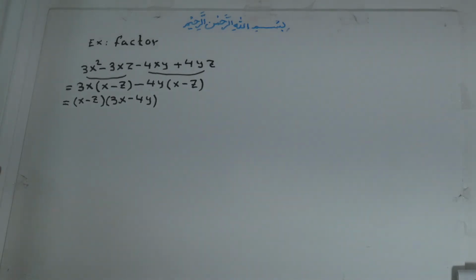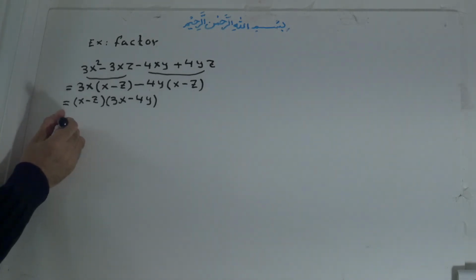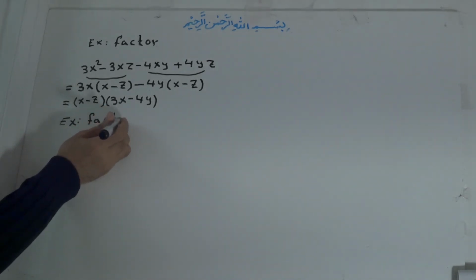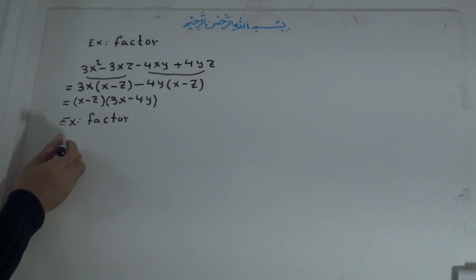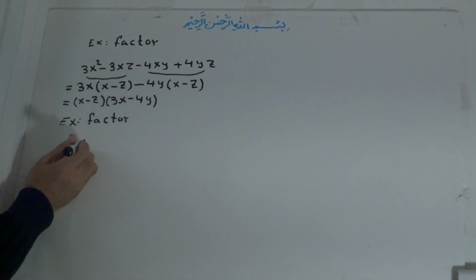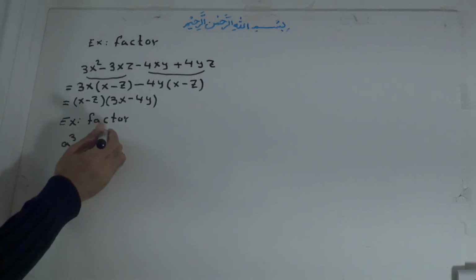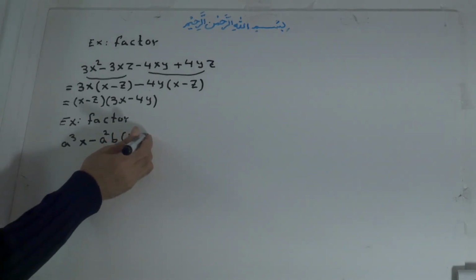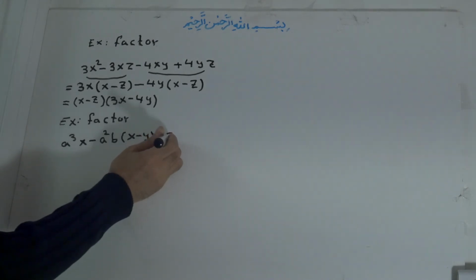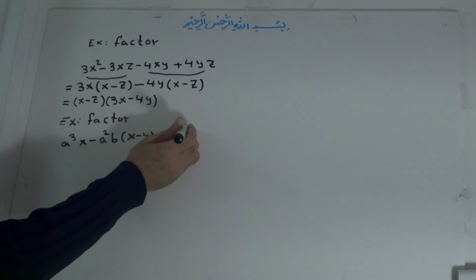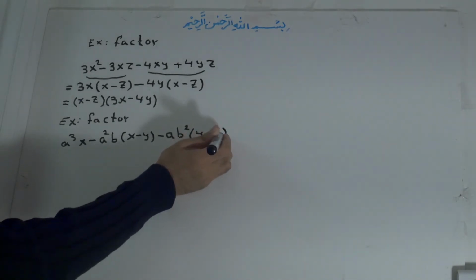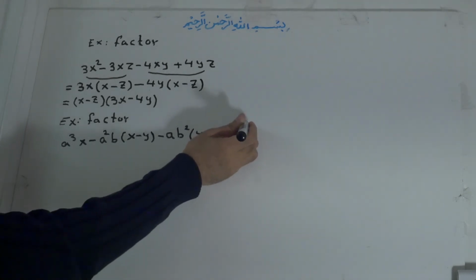Now I solve another example for you. Example: factor. a to the power of 3 x minus a to the power of 2 b times x minus y, minus ab to the power of 2 times y minus z, minus b to the power of 3 z.